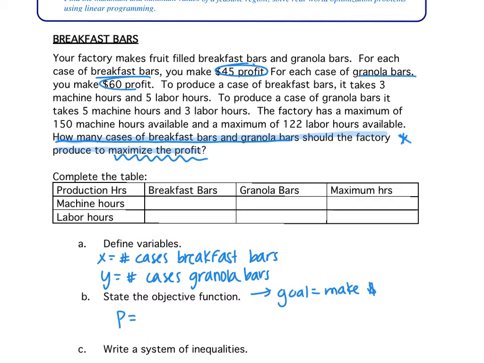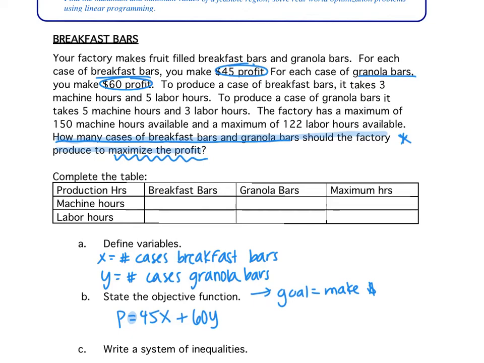Granola bars will make us $60. So if I have X cases of breakfast bars, 45X then will be all the money I make off of those breakfast bars. 60Y will be all the money I make off of the granola bars. So this is my objective function. One thing to point out that I pointed out before, objective function is always an equal sign.